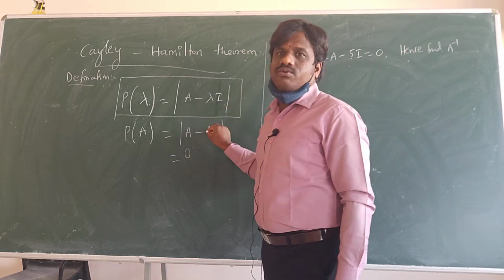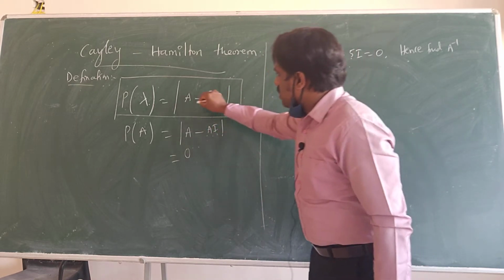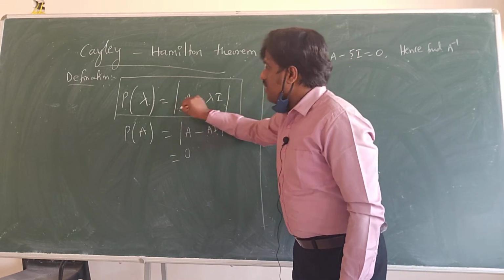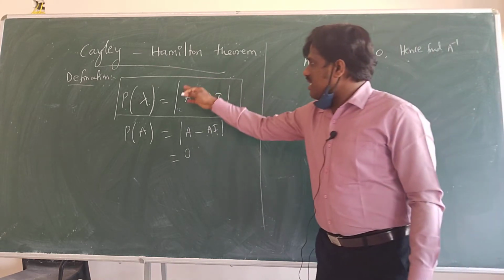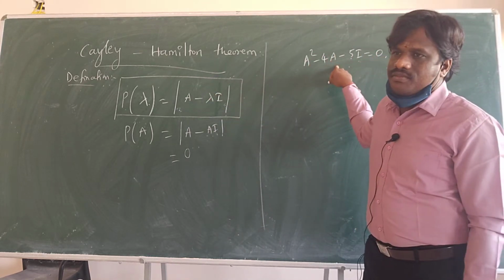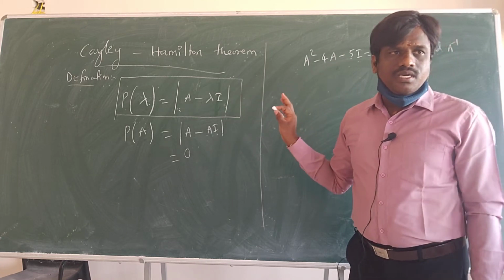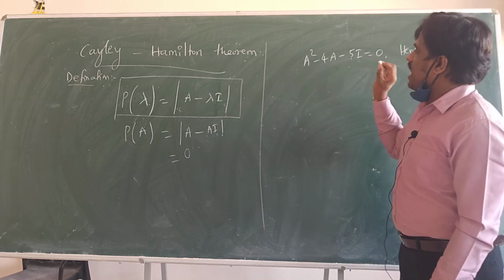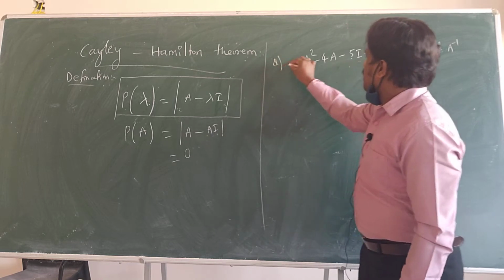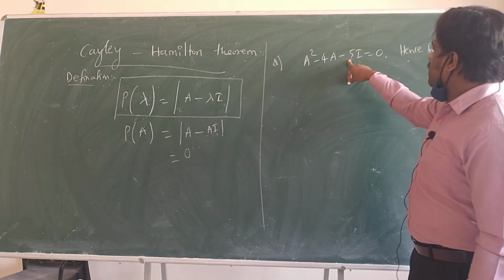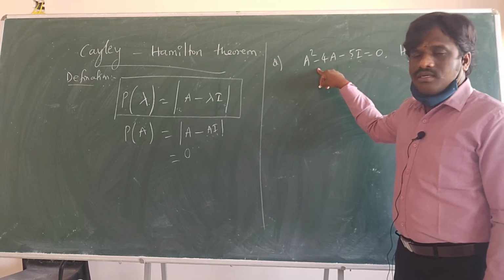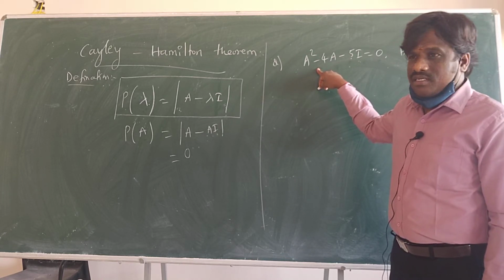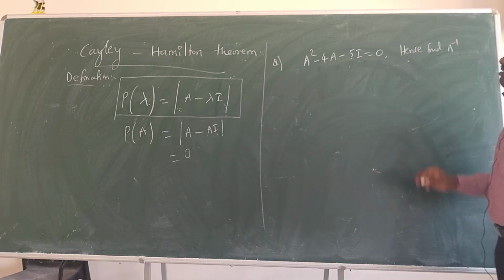This equation is a polynomial in the matrix, and then you have to find A inverse from it.